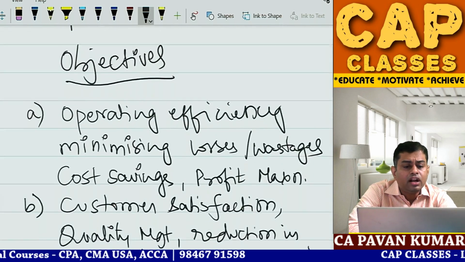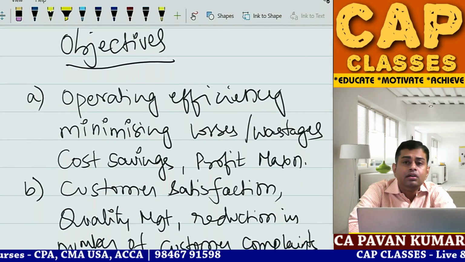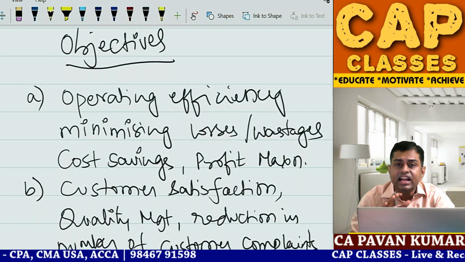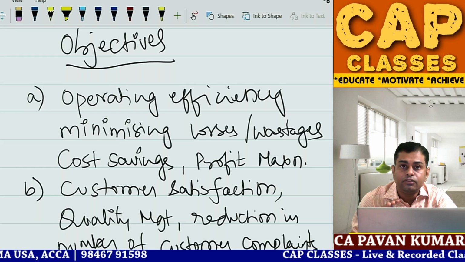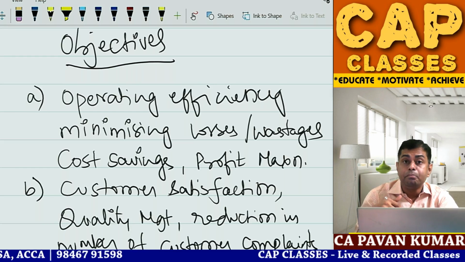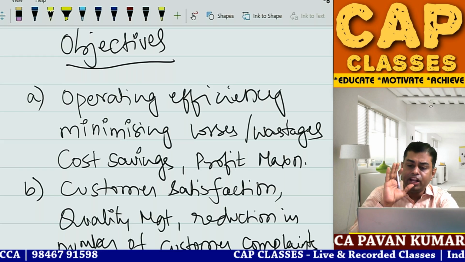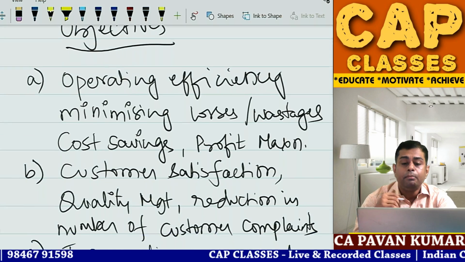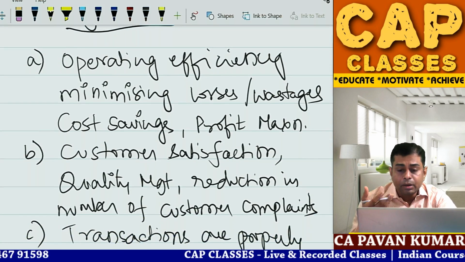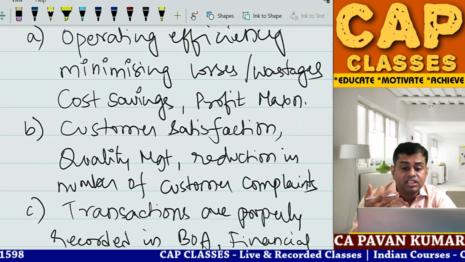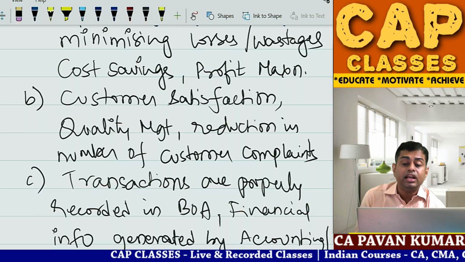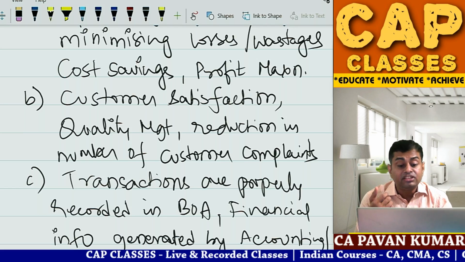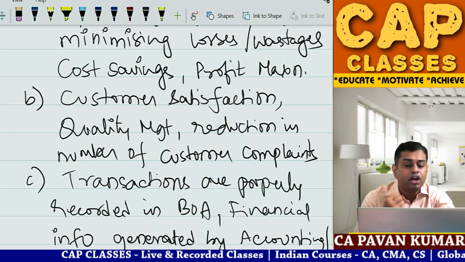Okay, so every organization has some objectives. These are general in nature. Any organization you take will have these kinds of objectives, whether they are expressly mentioning them or not: maximizing efficiency, productivity, minimizing losses, minimizing wastages, cost savings, profit maximization, customer satisfaction, quality management, reduction in number of customer complaints, reduction in defects in production.